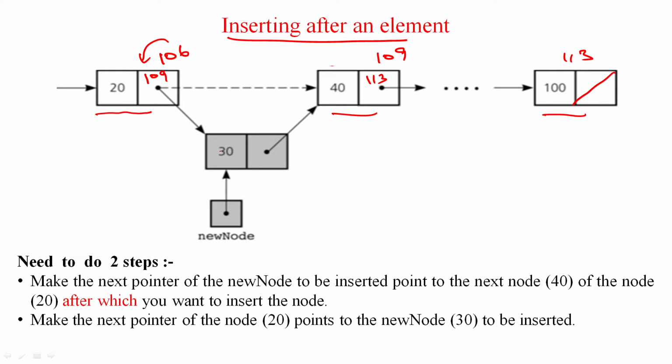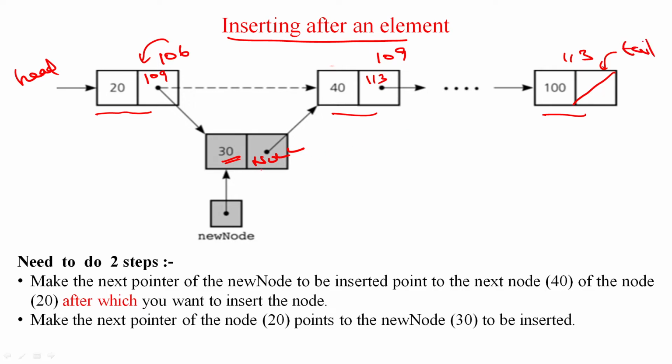Now we are creating the new node with value 30. Here the next field has a null pointer. My aim is to insert this new node into the second location. This is the head, this one is the tail.